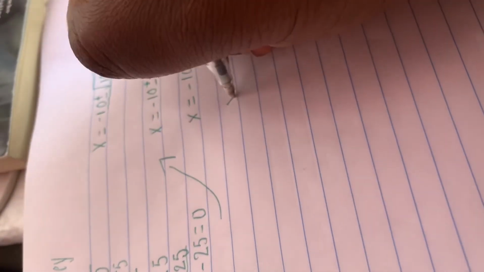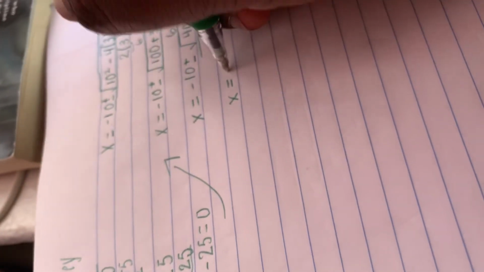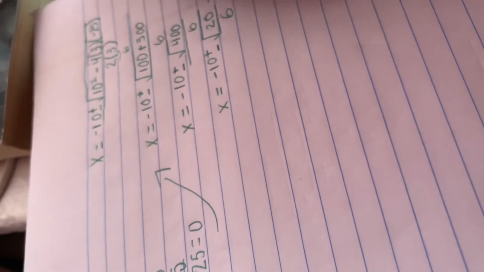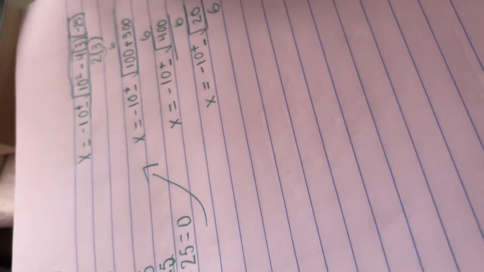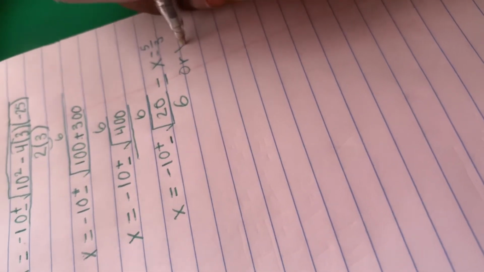So it's going to be x equals negative 10 plus or minus the square root of 20 divided by 6, right? Equals, and then when we do that equation right here, x is going to equal 5 over 3, or simply x equals negative 5.